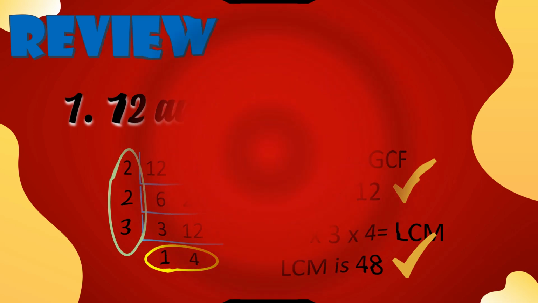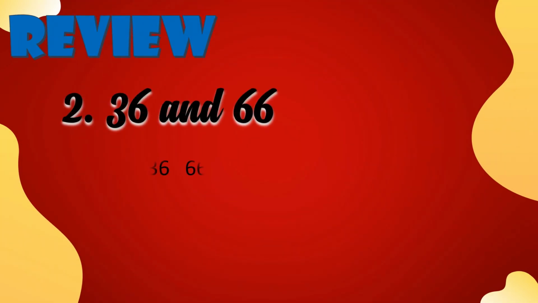Let's move on. 36 and 66. Divisible by 2 again because it's even. So, 18 and 33. 33 is not even but divisible by 3, same as 18. So we divide by 3. That is 6 and 11. Remember, 6 and 11 cannot be divided by any number again.